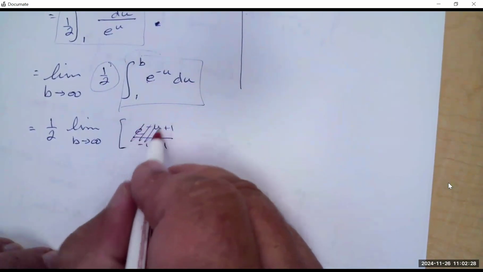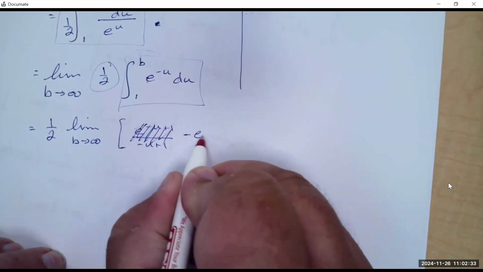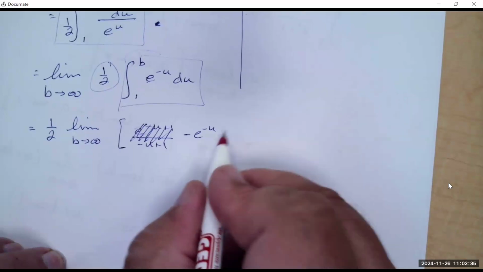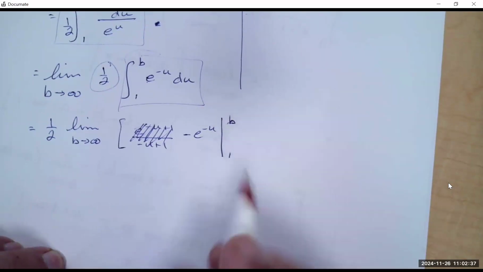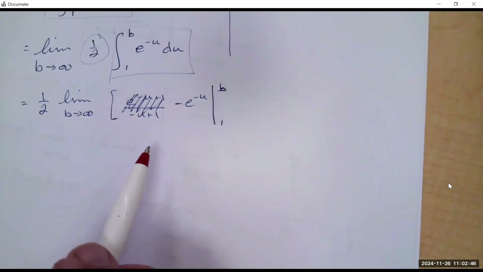So all we're missing here is a negative. Remember, the derivative of e^u is e^u du. So the integral of e^u is e^u du.